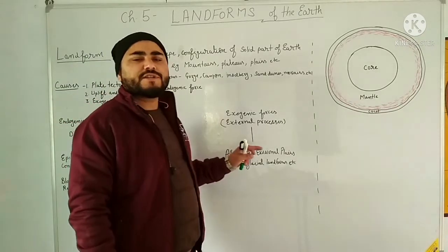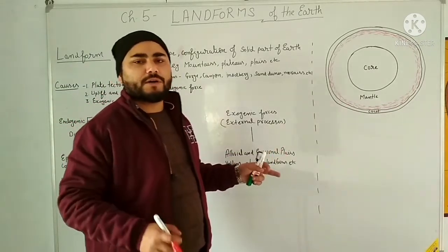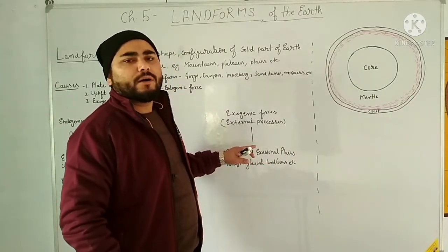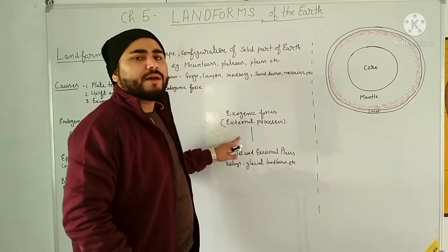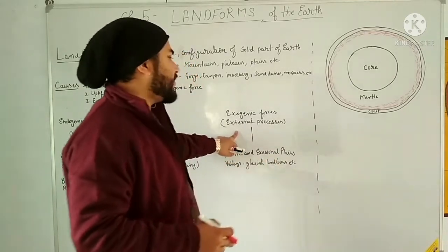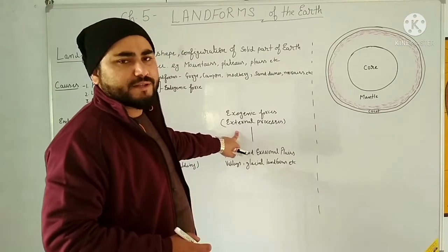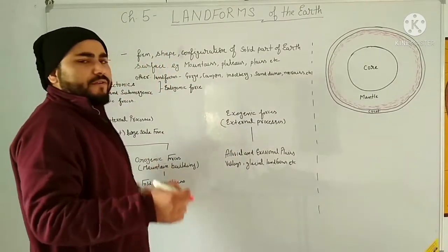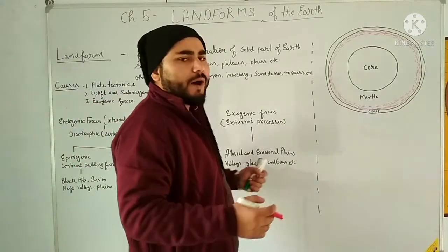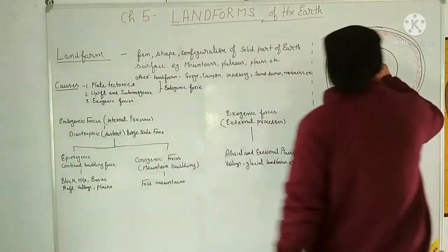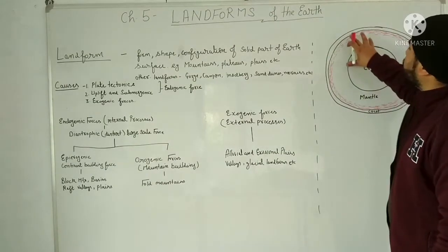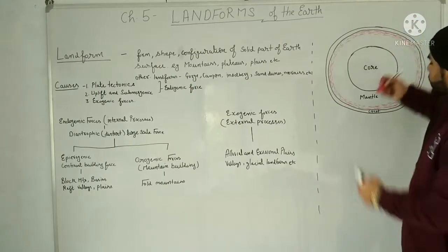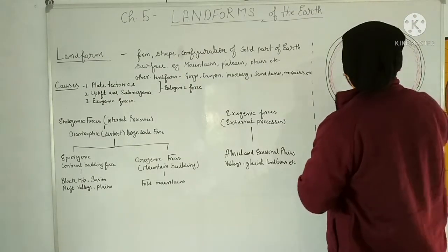The forces which work on the surface of the earth, which are generated outside in the earth's atmosphere, are the external forces, called exogenic forces. Endo means from inside, exo means from outside. So the forces originating from inside the earth are endogenic forces, and the forces outside are exogenic forces. This is the surface, suppose here I am standing.